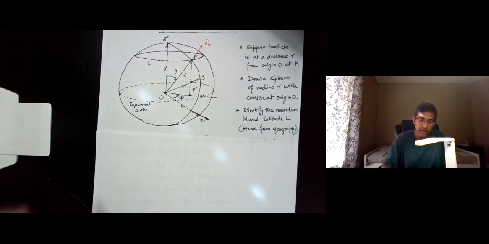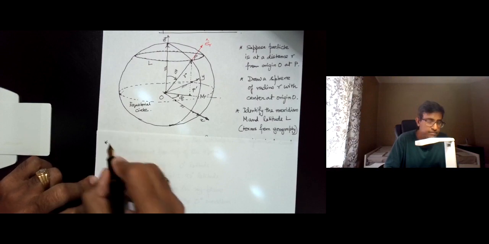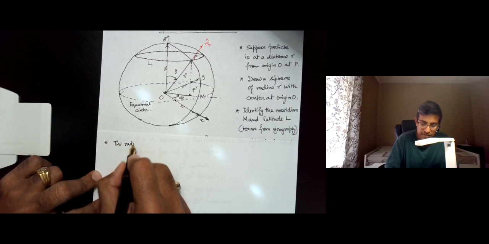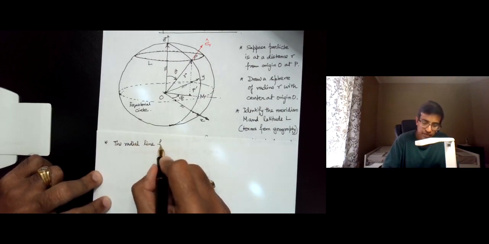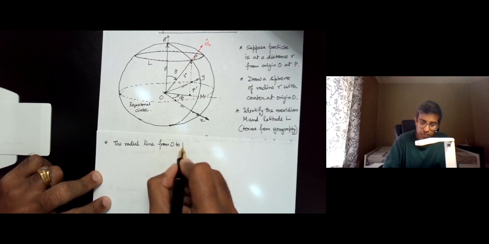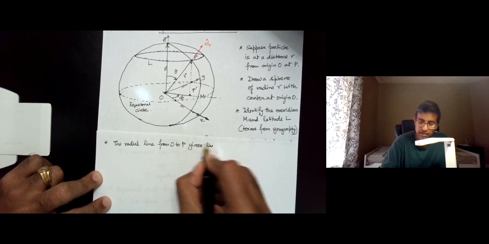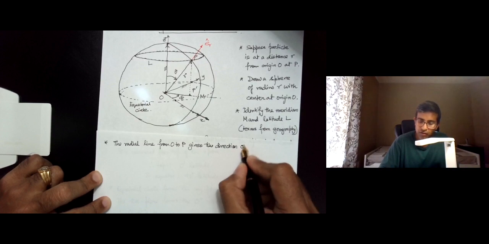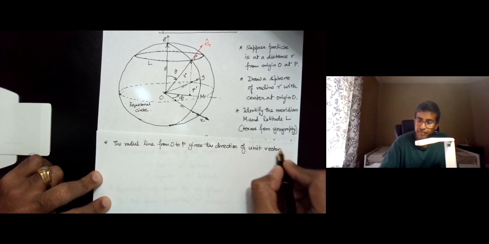So let's make a note that the radial line from O to P gives the direction of unit vector ER.